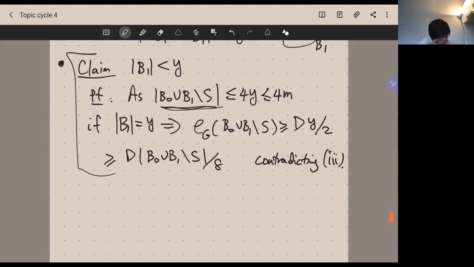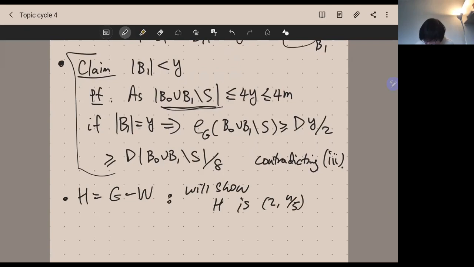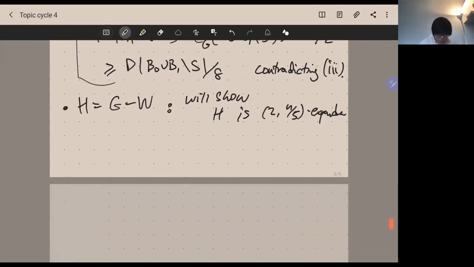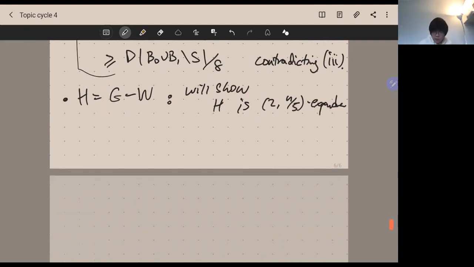Now, next, for shorthand, let's write H to be G minus W. We will show that H is a 2n over 5 expander. The idea basically is what I said before. So now I'm just writing down some details.